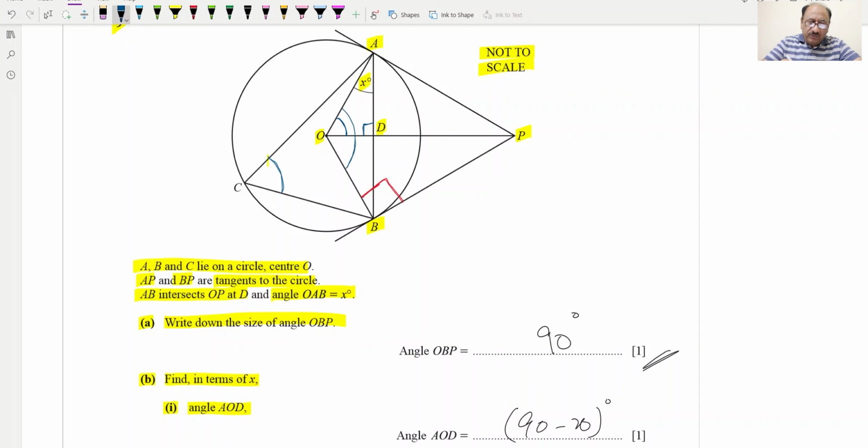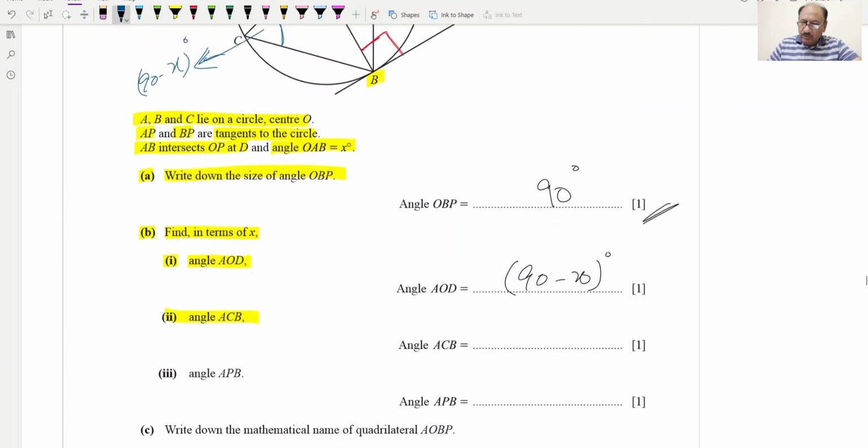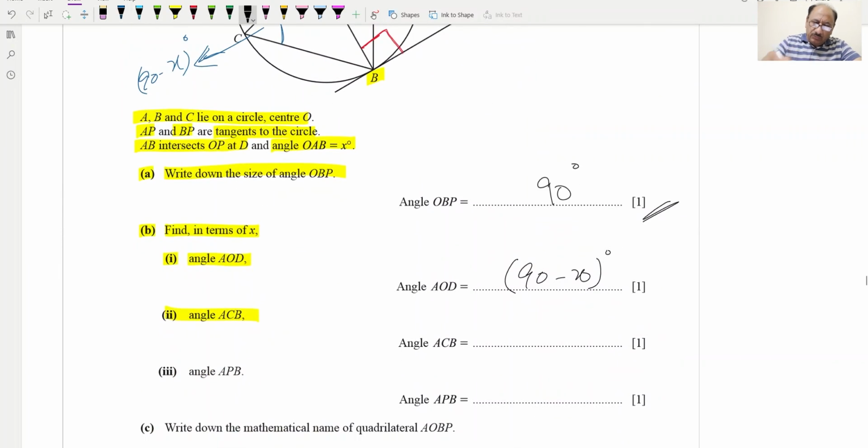So half of this angle at the center, which we have written as 90 minus x. So this angle is 90 minus x degrees, and this is half of AOB. So half of AOB will be this one. This will also be 90 minus x degrees. Hopefully you understood this also. So we will write here 90 minus x degrees.